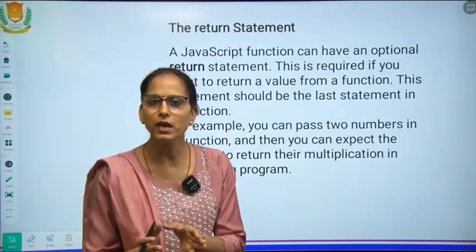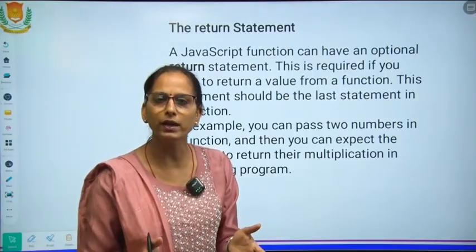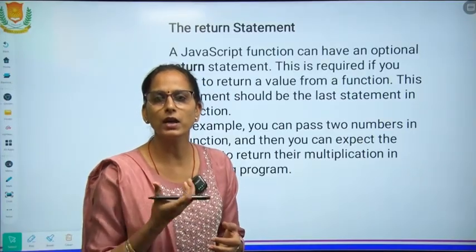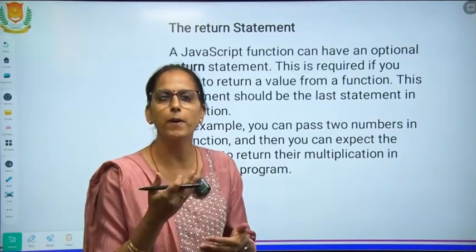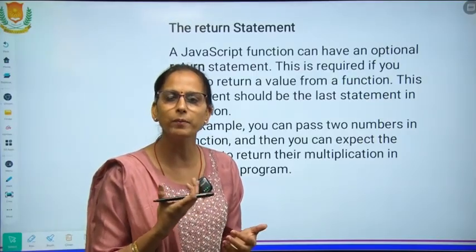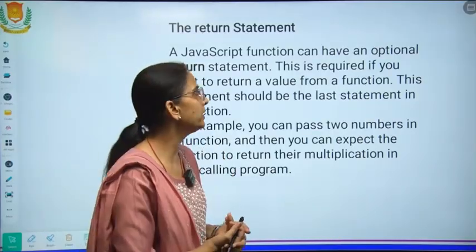If two numbers are given, they can be added, multiplied or subtracted and the answer will be returned. What answer the function gives back to us is known as returning. Returning can be taken in a particular variable and it can be of any type.